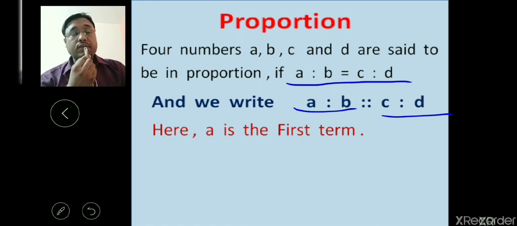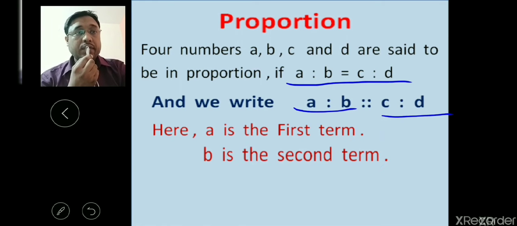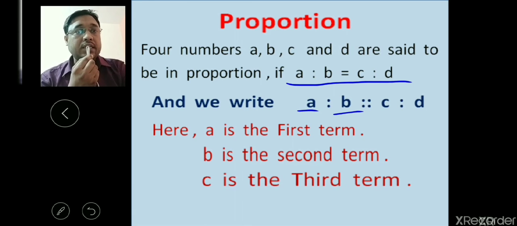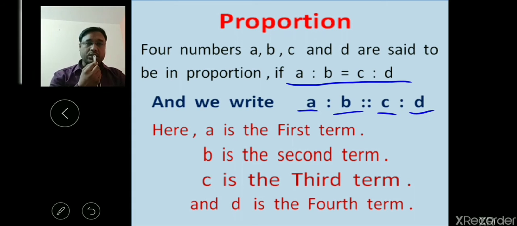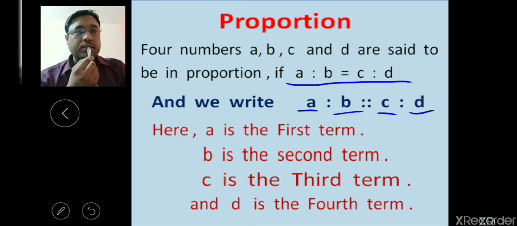Here A is the first term, B is the second term, C is the third term, and at the last D is the fourth term. This fourth term D is also called the fourth proportional.